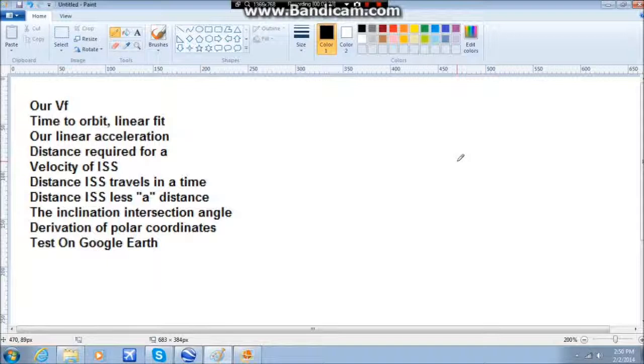So what we're going to do is take off, and our goal is, within one orbit or 90 minutes, to contact dock with the International Space Station. I'm going to explain how we figure that out.